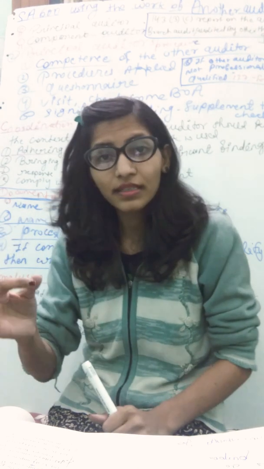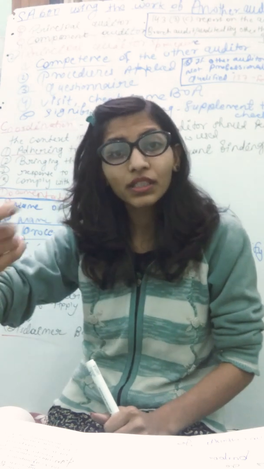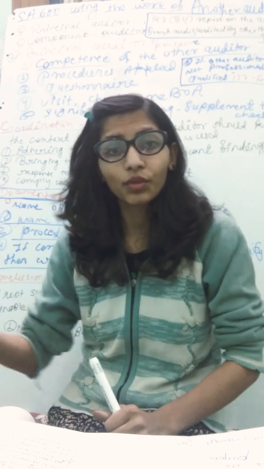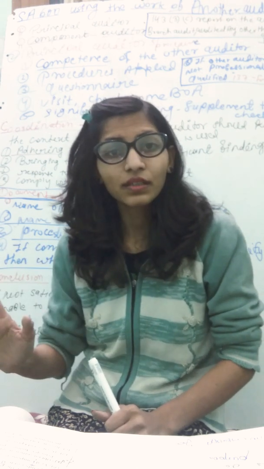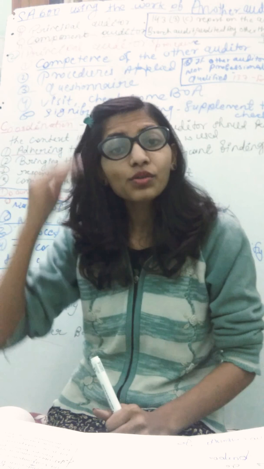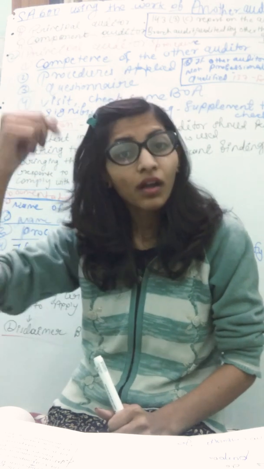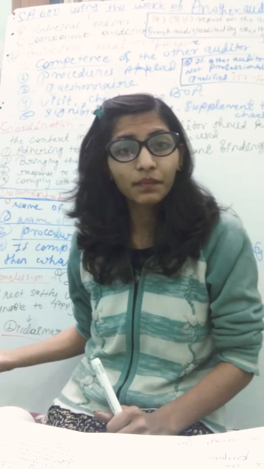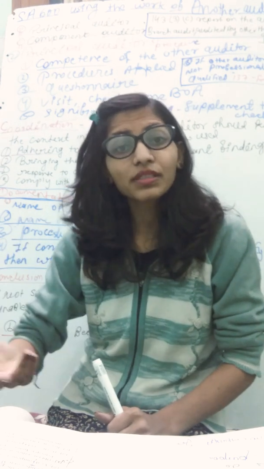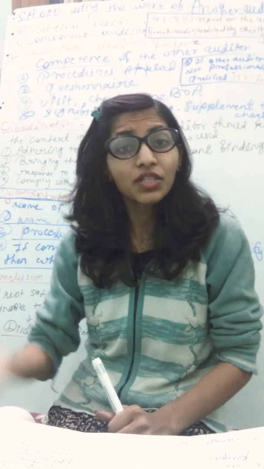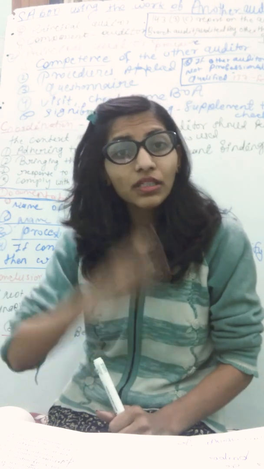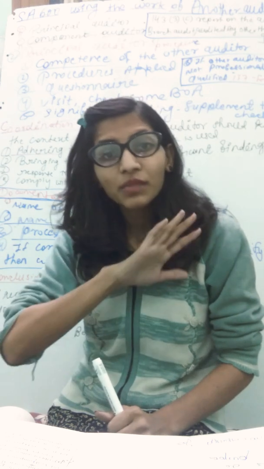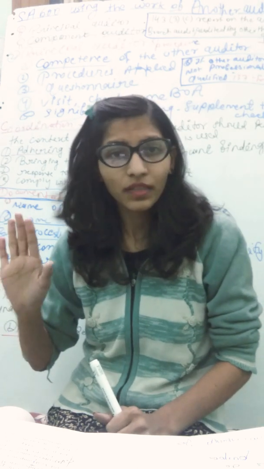So it is not necessary that if the other auditor gives a modified opinion, then as principal auditor we also give a modified opinion. But if we are not satisfied with the work of the other auditor and this matter is significant, affecting our financial statement level, we apply additional procedures, but we are unable to obtain sufficient appropriate evidence. So it is a limitation on scope, and we give a disclaimer of opinion as per 705.